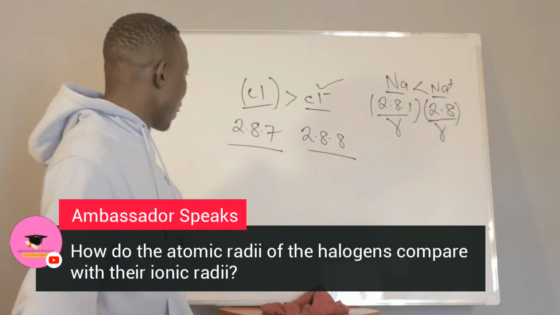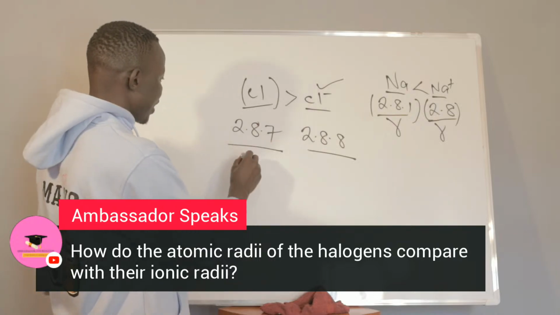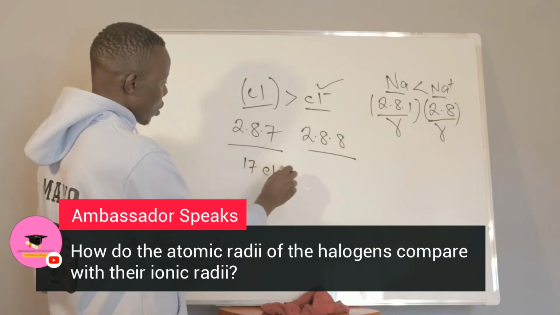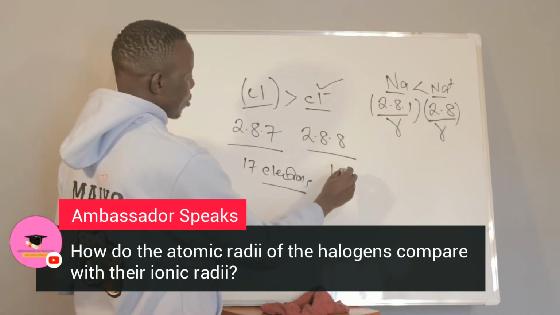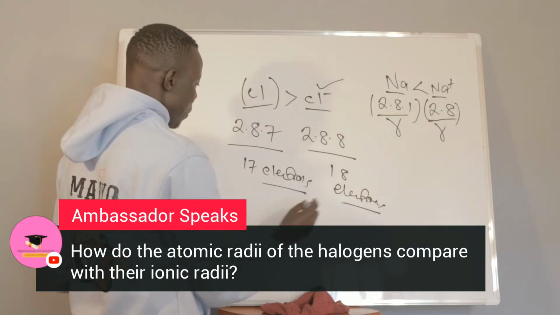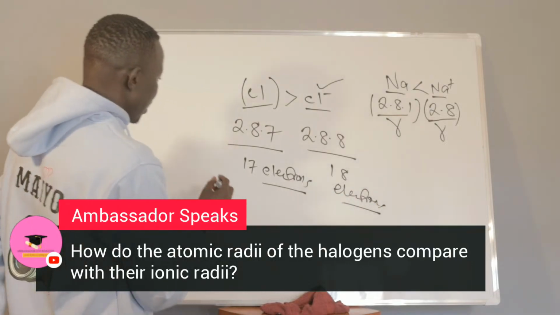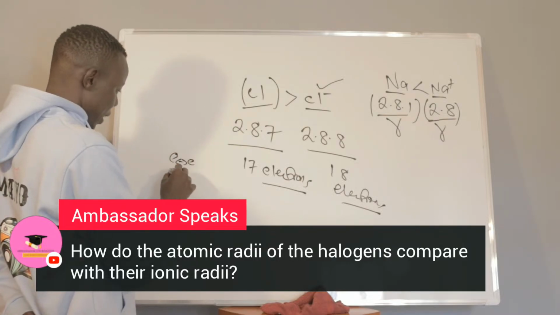So let me explain. This one has 17 electrons. This one has 18 electrons. Remember, from the law of charges, electrons versus electrons, they repel.